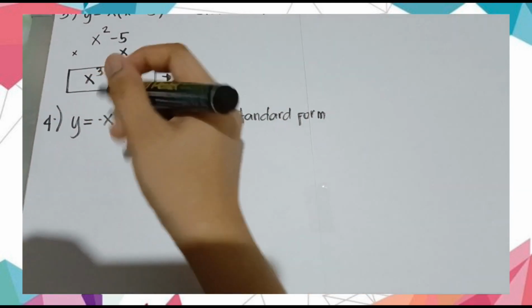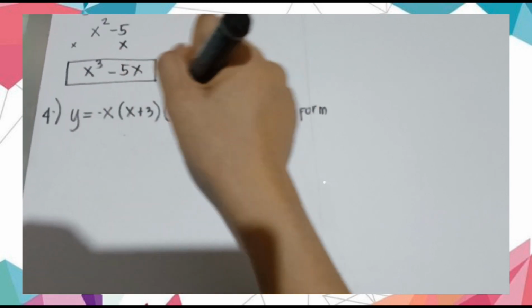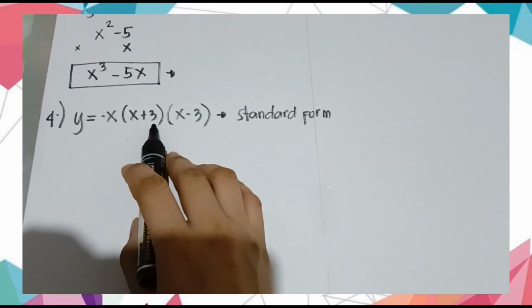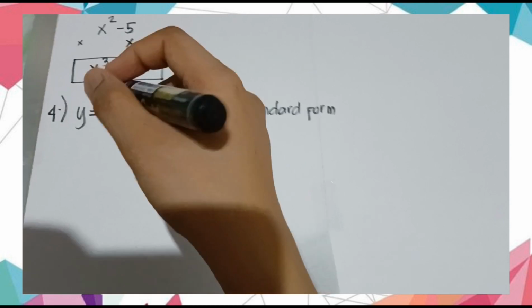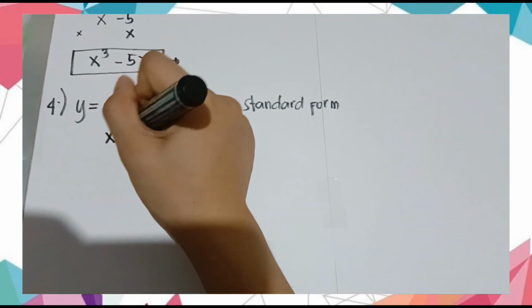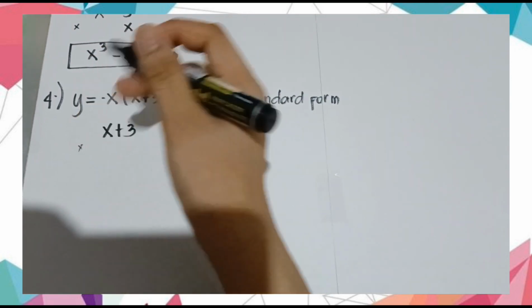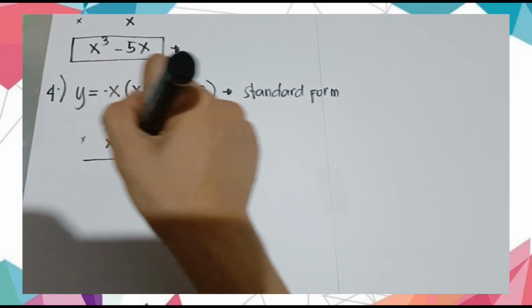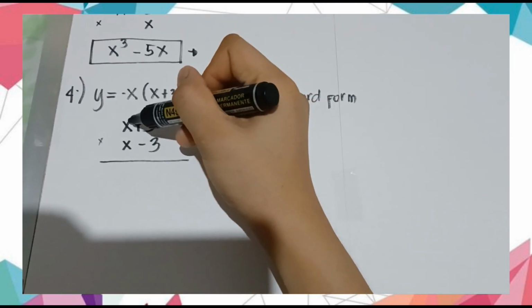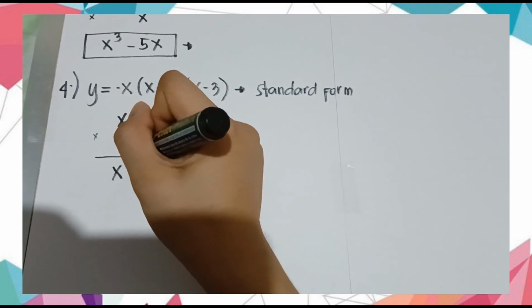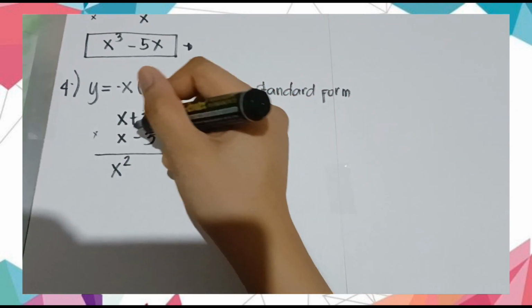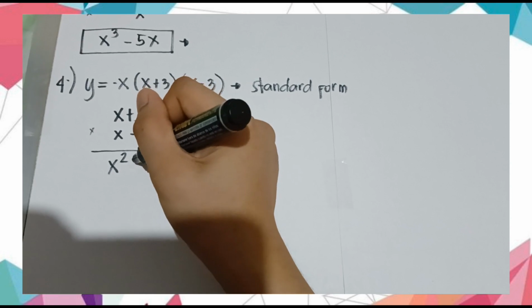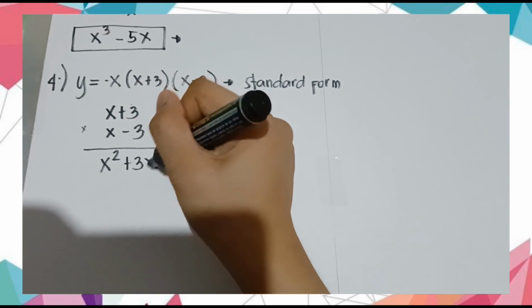First, we multiply x plus 3 times x minus 3. x times x gives us x squared. Next, x times 3 gives us positive 3x.